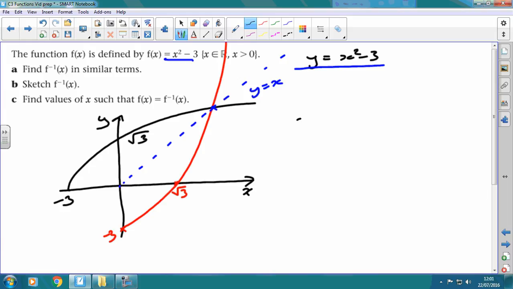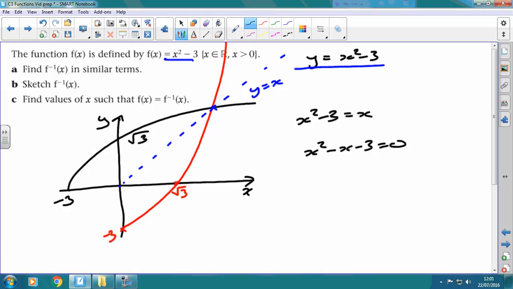So to solve it, I'm going to set x squared minus 3 equal to x. So x squared minus x minus 3 equals 0. Then I'm going to solve that. So you could complete the square, you could use a formula.